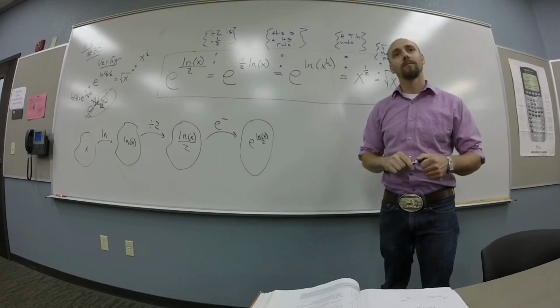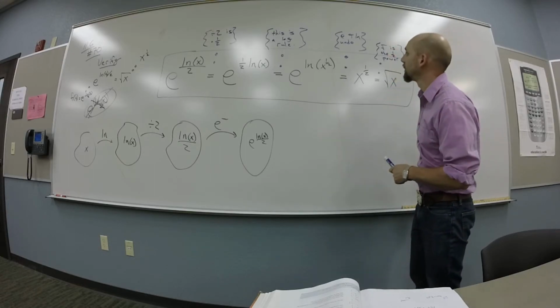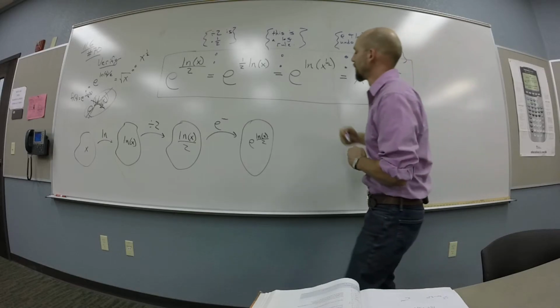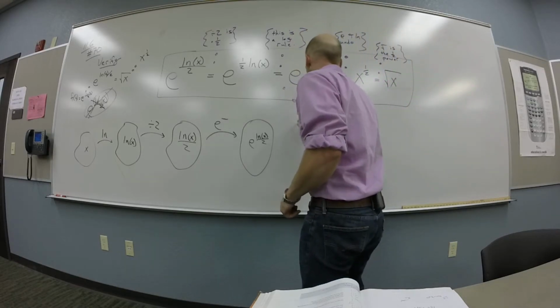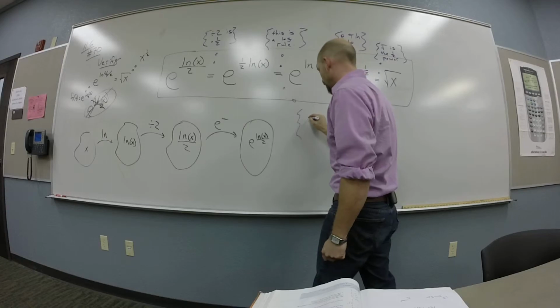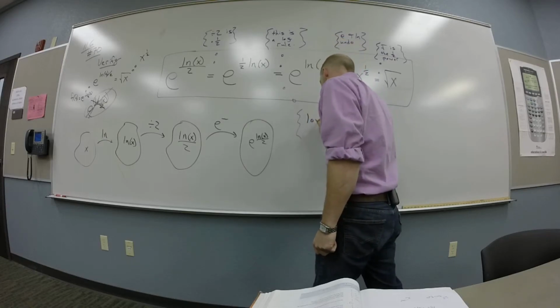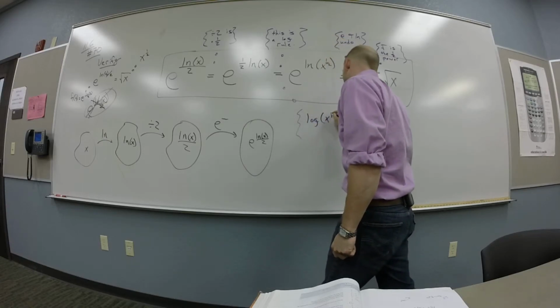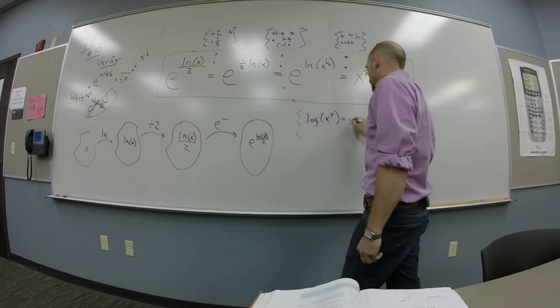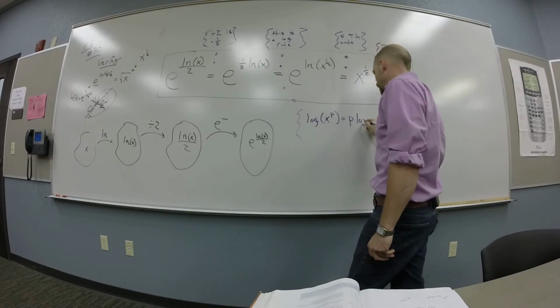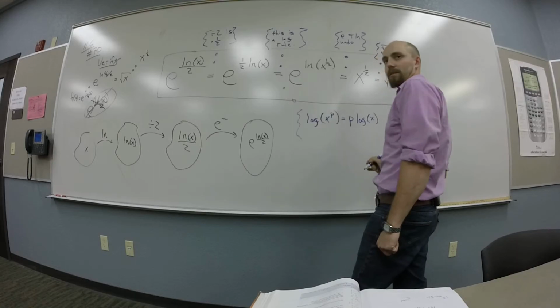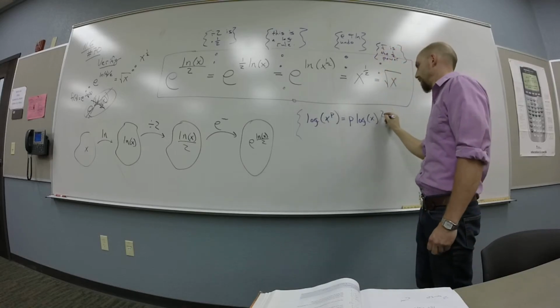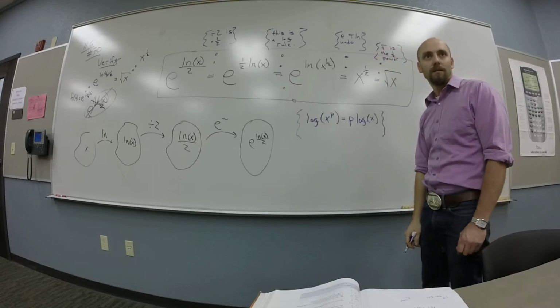Which log rule was it? I'm sorry. So this is the log rule. So if I wanted maybe a better explanation, this is the log rule. Log of x to a power p is p log of x. Okay.